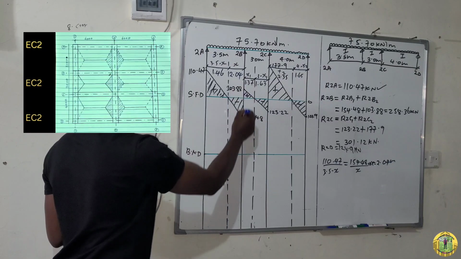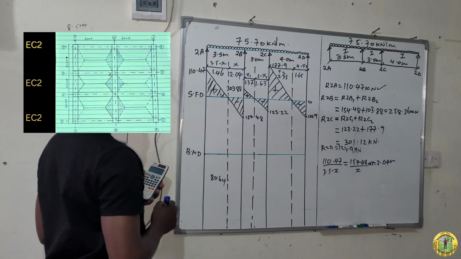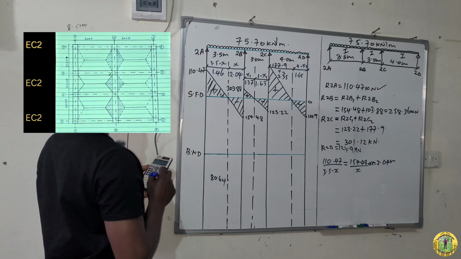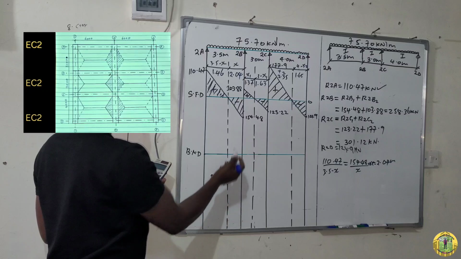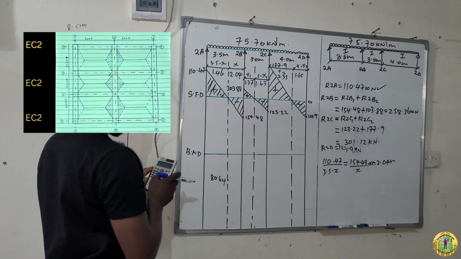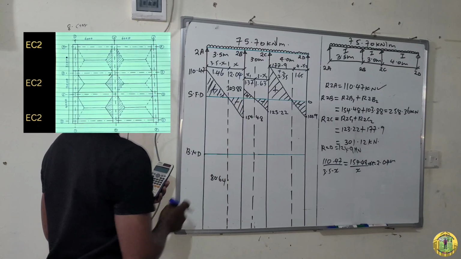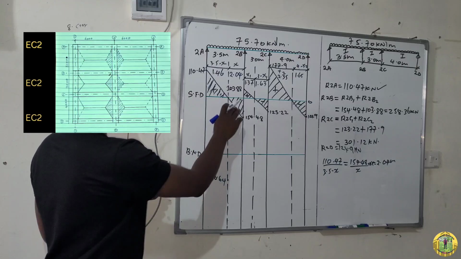And then we come to this point at this line, which is 2B. So here, you will take this 80.64 minus the area of this shaded part, which is on the negative side.